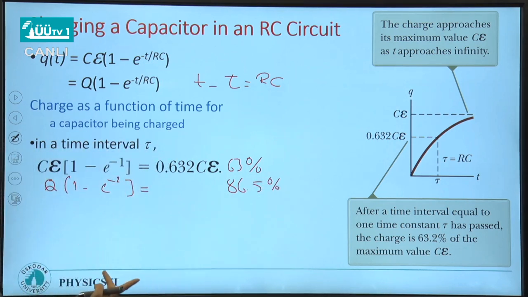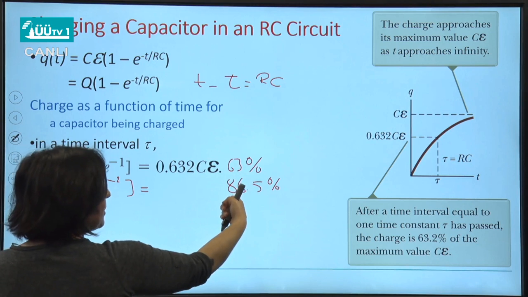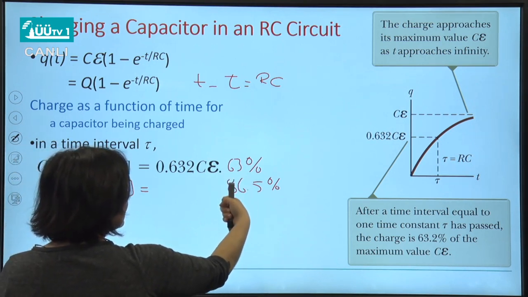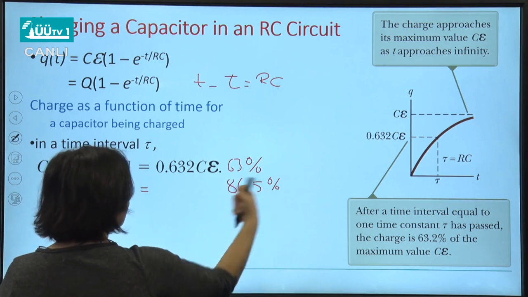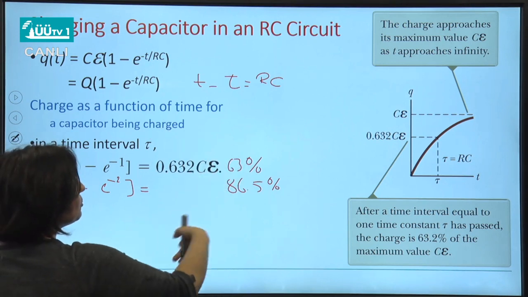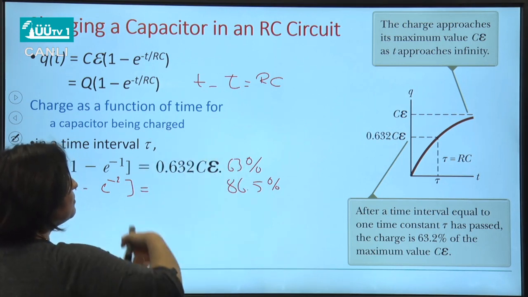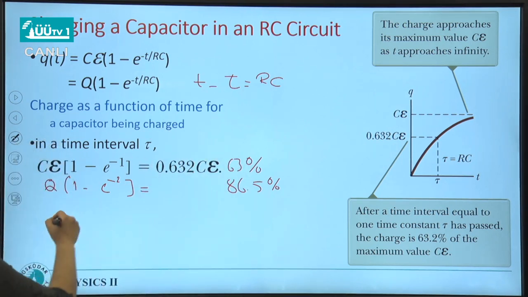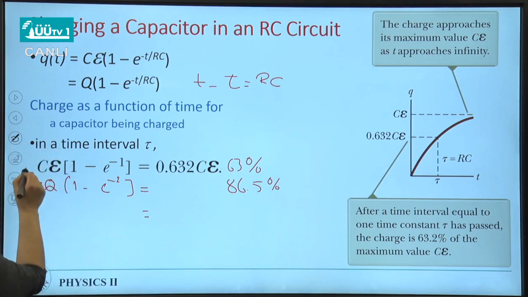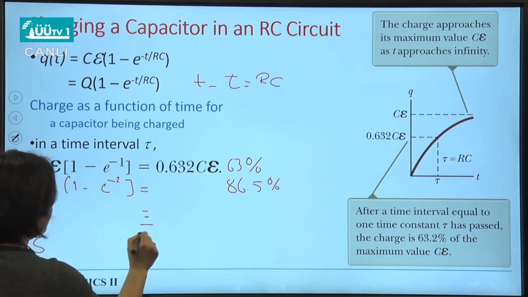After 2 tau time, the capacitor will be charged to 86.5% of the maximum. We can move on to 3 tau time, 4 tau time, 5 tau time. I will write it basically, let's write it for 1 tau time, 2, 3, 4, 5. Okay.